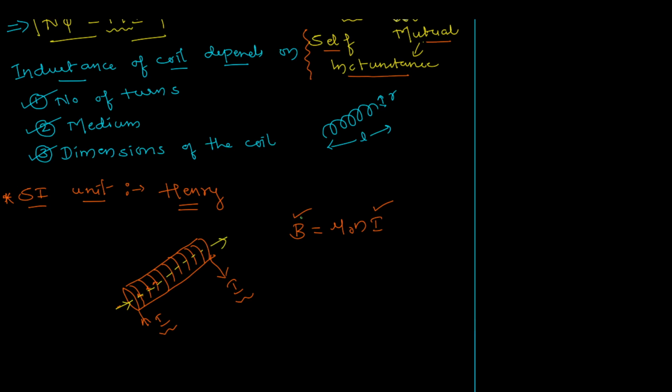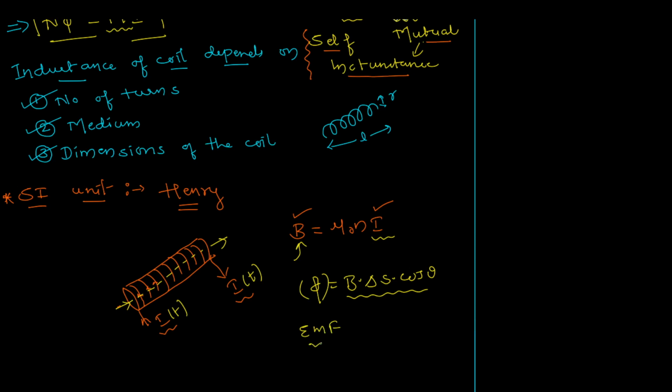If the current is changing with respect to time, the magnetic field, which is directly proportional to the current in the coil, is also going to change. And flux, which is directly proportional to the magnetic field, is also going to change, and this changing flux is going to create an EMF.